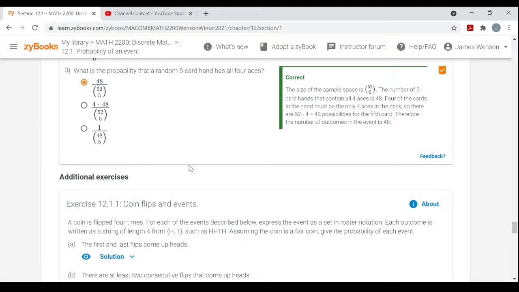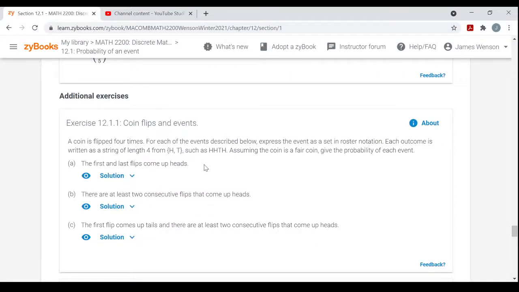And again, this is only good if we're talking about a uniform distribution, if every outcome in the sample space has an equally likely chance of occurring. And this is all we're doing. We're not going beyond the scope of this, for this section anyway.